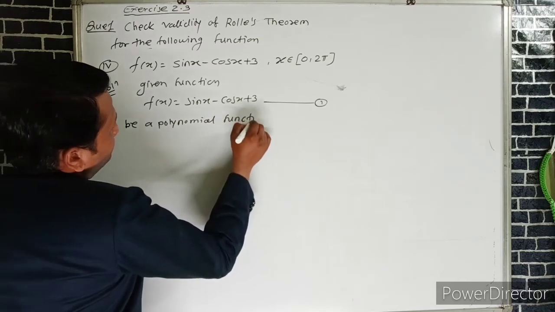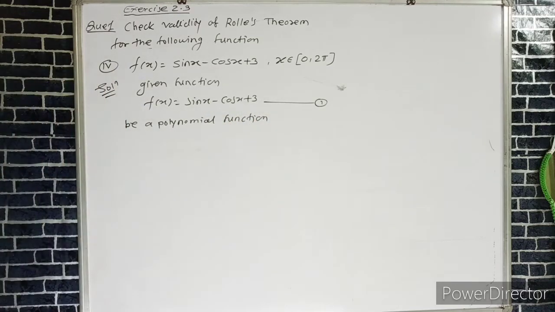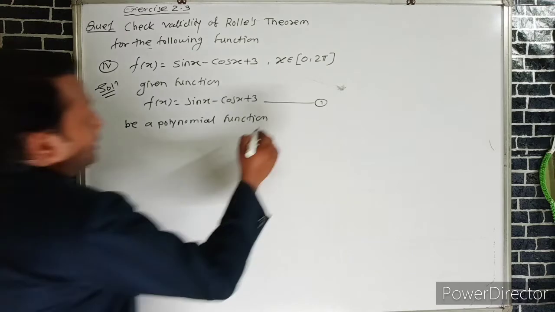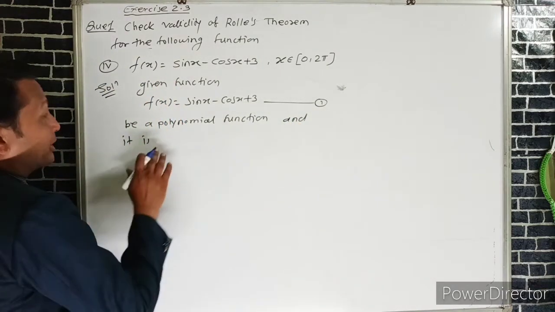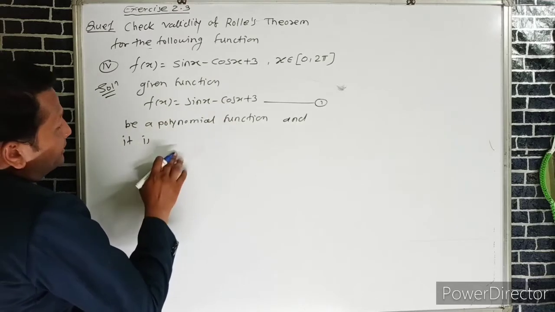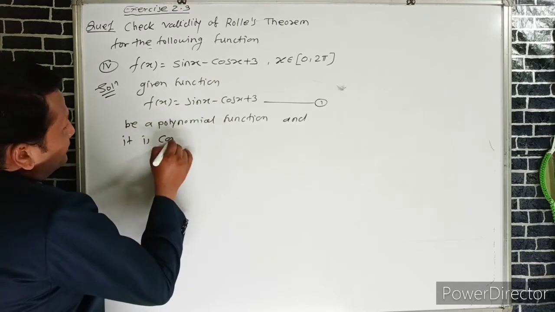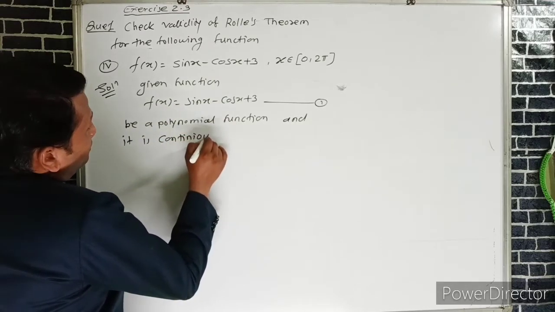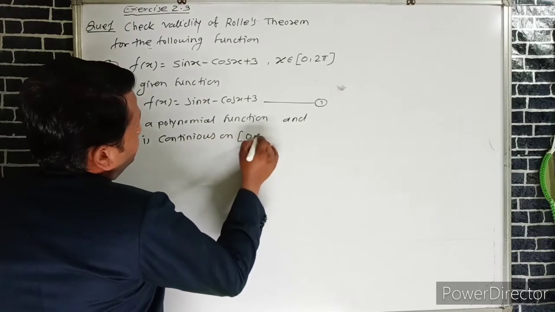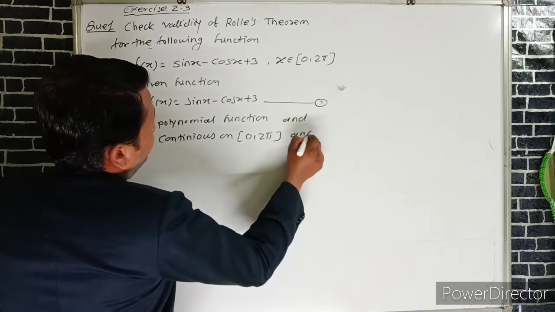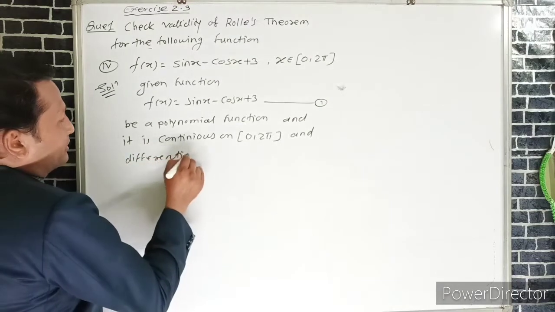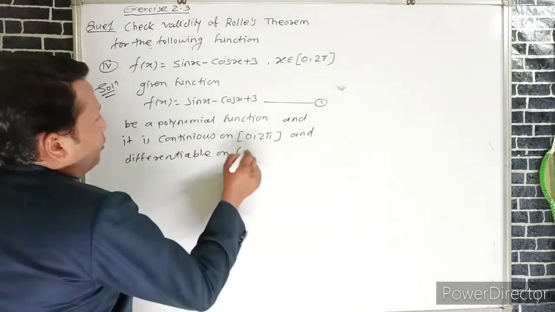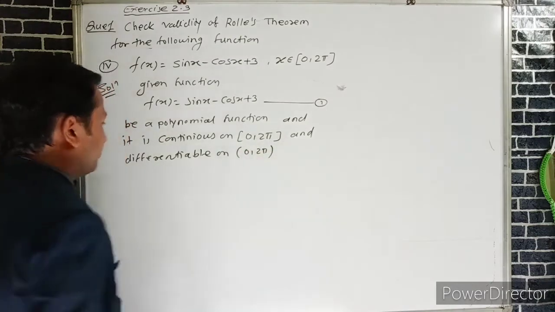If the given function is polynomial, then it is clear that it is continuous on the closed interval 0, 2 pi and differentiable on the open interval 0, 2 pi.